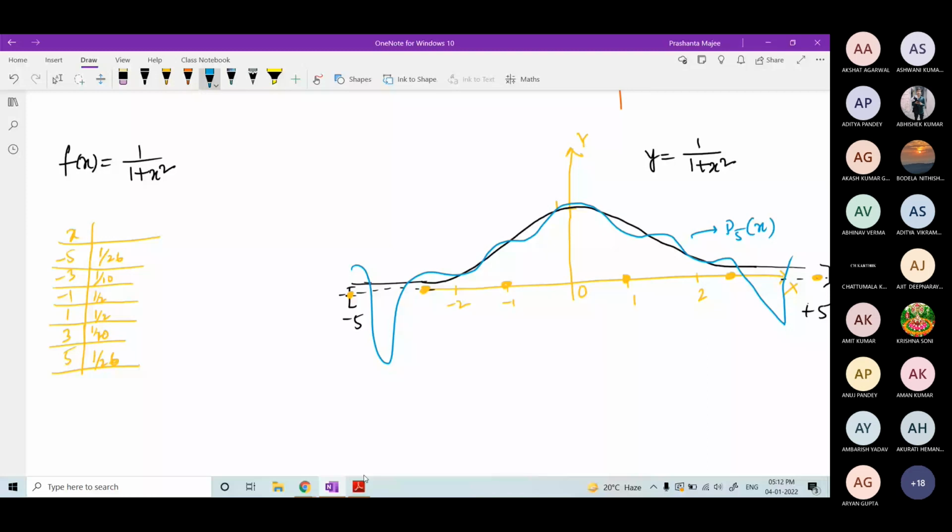But at the end and at the beginning, you will get a huge fluctuation. So even though you are increasing the number of data, the obtained polynomial is not matching totally with the given function. So as you increase the degree, the polynomial is not converging towards the function.